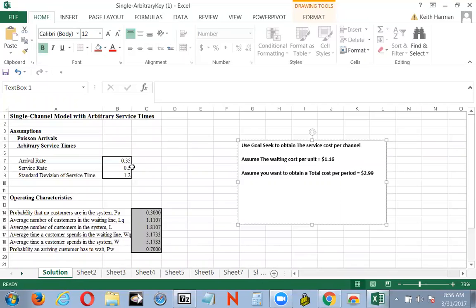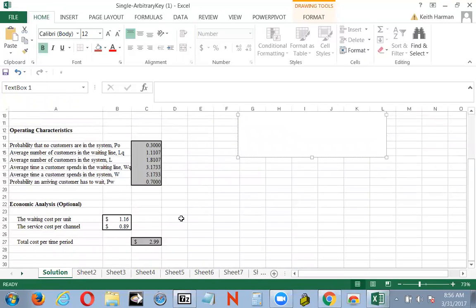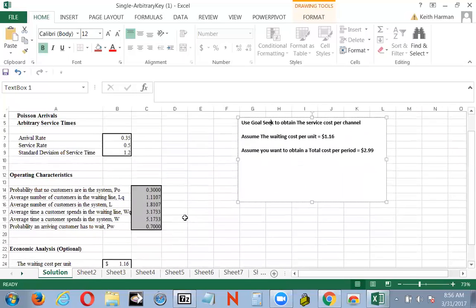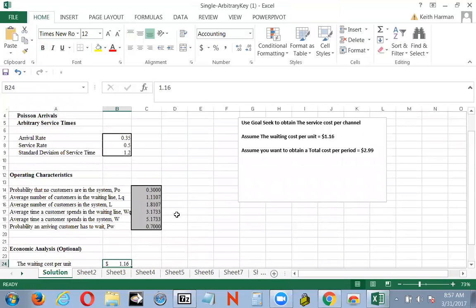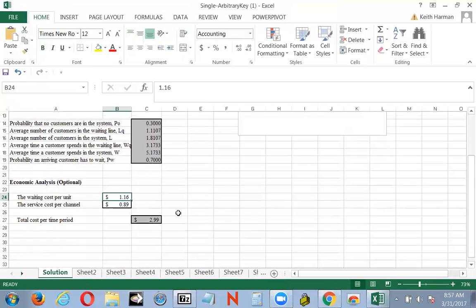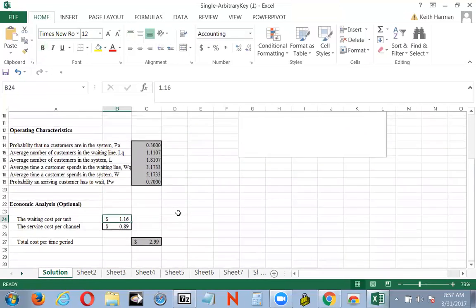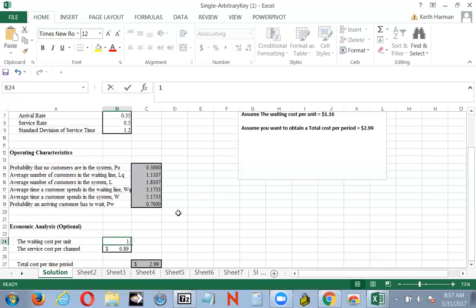Let me back this down just a little bit so you can see it easier. We've got the arrival rates, the service rate, the standard deviation, and then the operating characteristics. I'm going to put in the waiting cost.